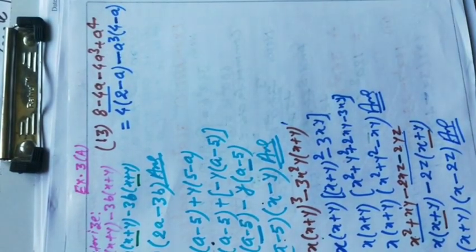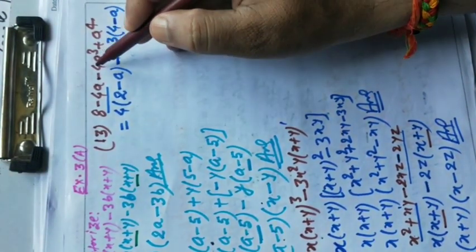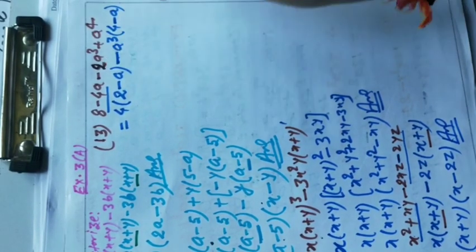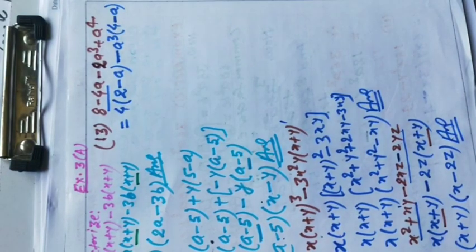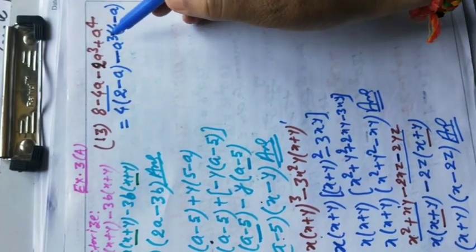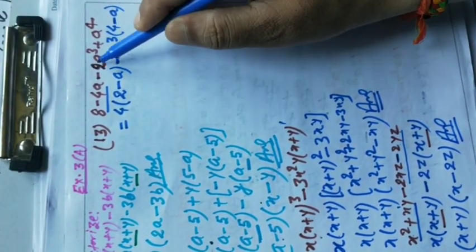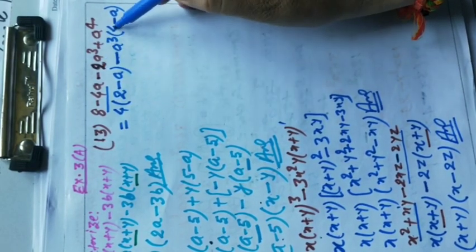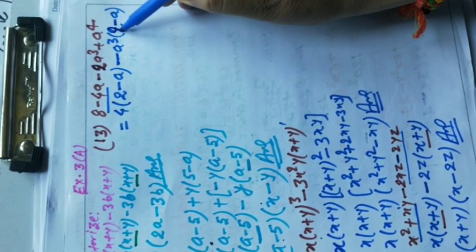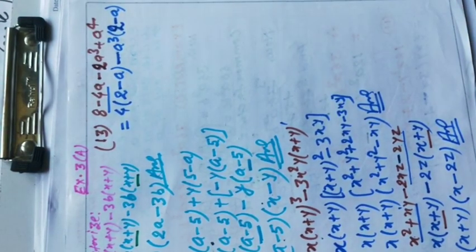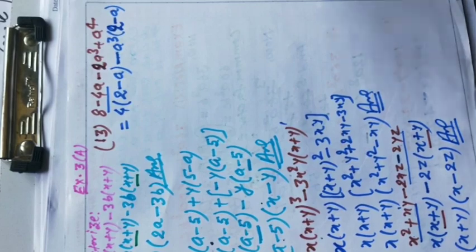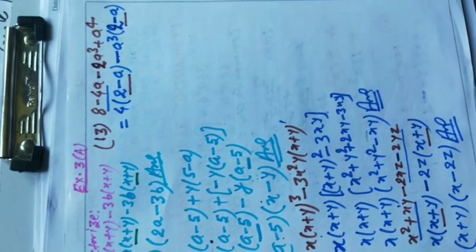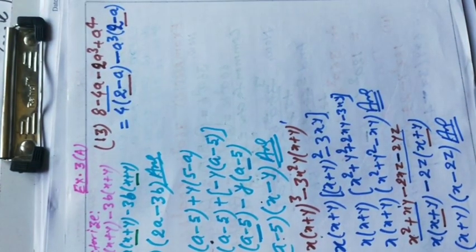Oh, sorry. 2a cube is there. So what will be common? What will be left here? When 2a cube is divided by a cube, then a cube will be cancelled by a cube, then 2 will be left here. Now we have got the right answer. Now you can see 2 minus a and 2 minus a is common in these two terms.